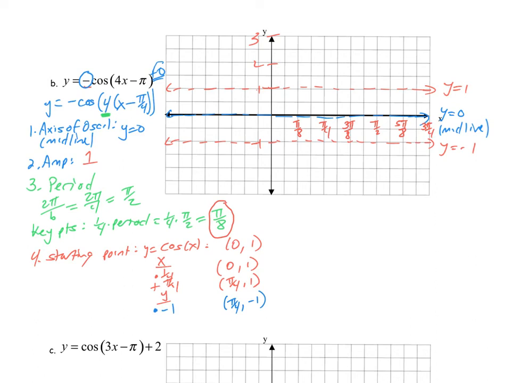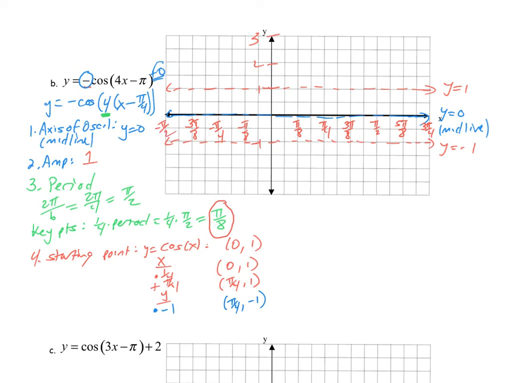And then I'll copy those values in the negative direction: negative pi over 8, negative pi over 4, negative 3 pi over 8, and negative pi over 2. Now we're ready to graph.